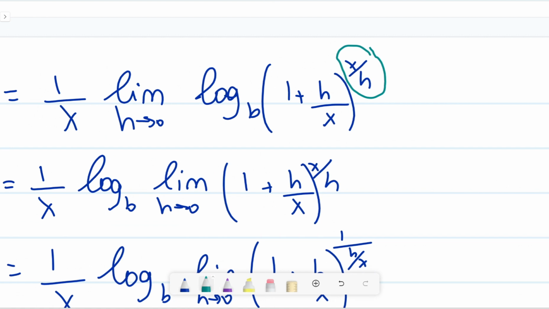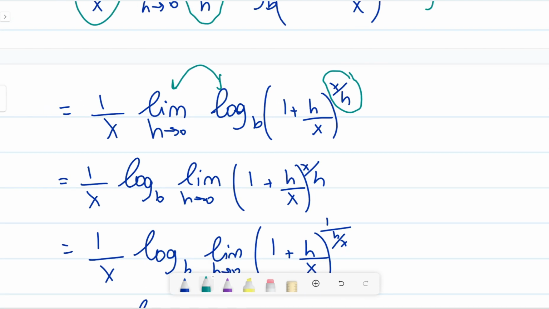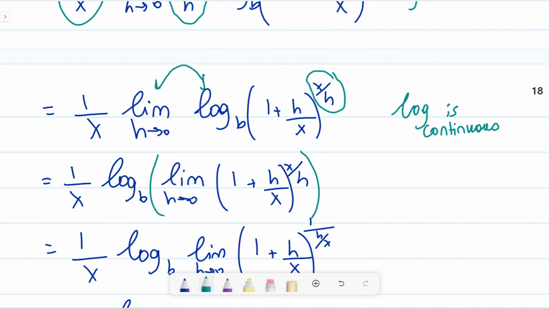What I will do now is switch the limit and the log because log is continuous. I will get 1 divided by x times log base b of the limit of 1 plus h divided by x all to the power of x divided by h as h approaches 0.